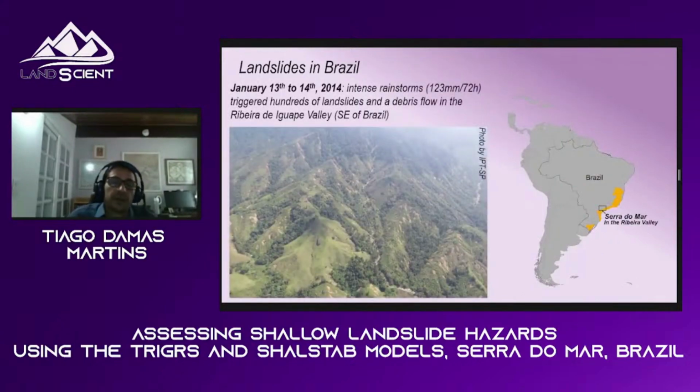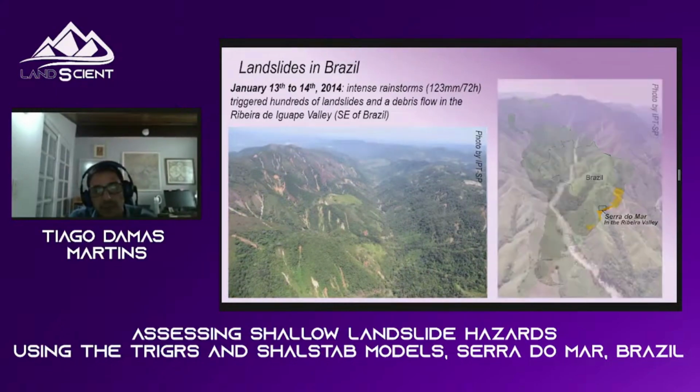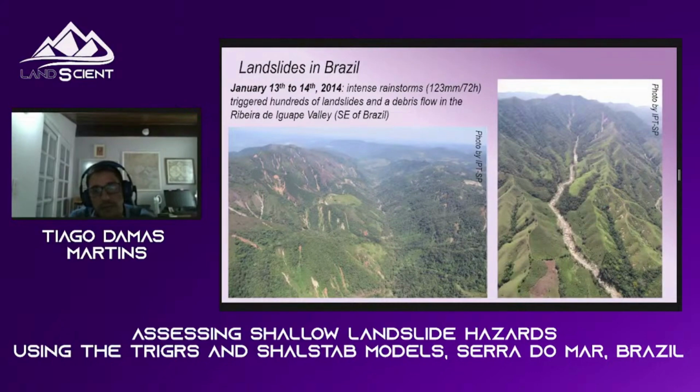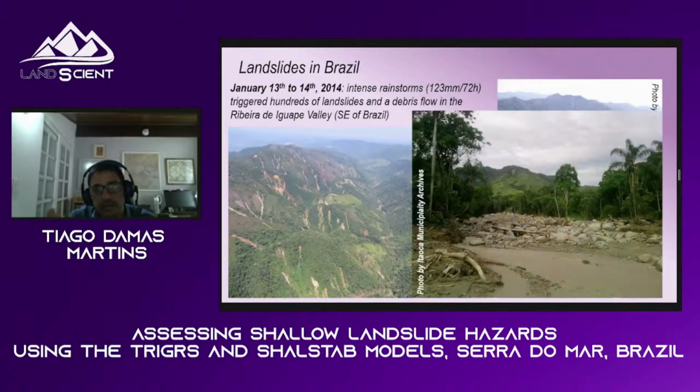And another main event that happened here in Brazil was in 2014. In the southern part of Serra do Mar, we have what we call the Ribeira Valley. It's the valley formed by the Ribeira do Iguape River, one of the most preserved rainforest areas in Brazil, in southern Brazil.